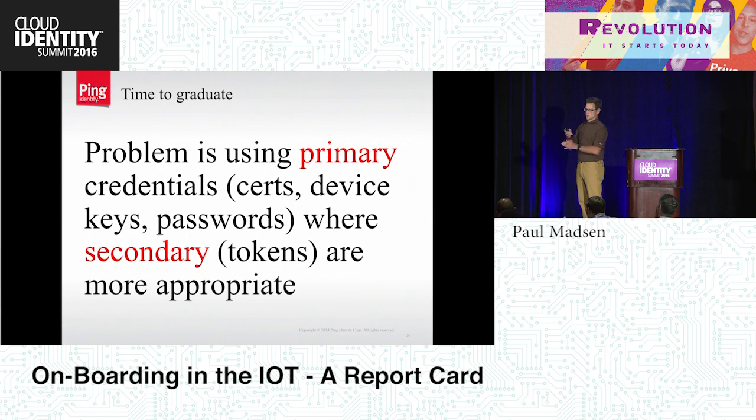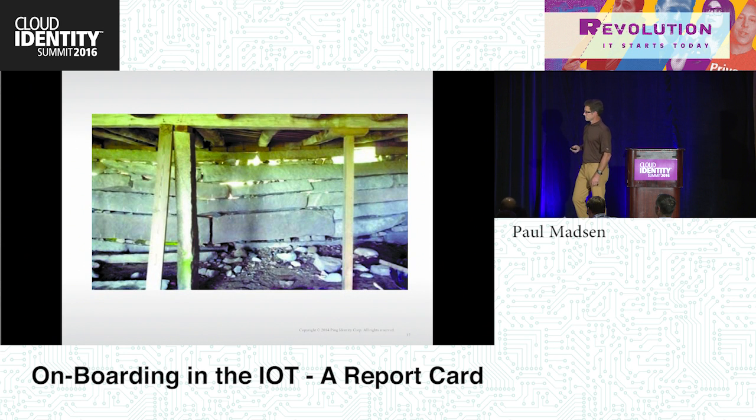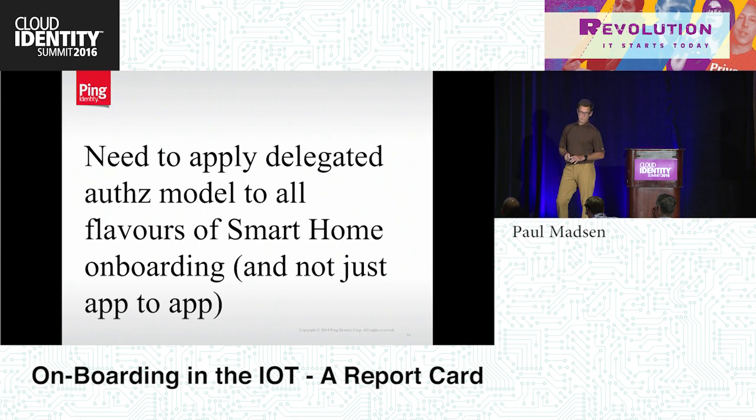And that mechanism of trading allows us to inject the authorization step and to mitigate a lot of the excesses of using primary credentials for authentication. So that's the challenge, I think, is getting away from that model. And if we don't do authentication correctly, then that's a pretty weak foundation on which we try to build authorization. So the opportunity, I think, is to apply that delegated authorization model that we're successfully doing for app-to-app onboarding to all those different flavors of onboarding in the smart home.